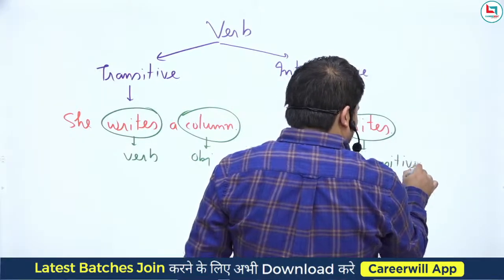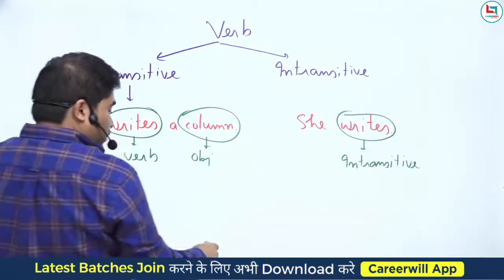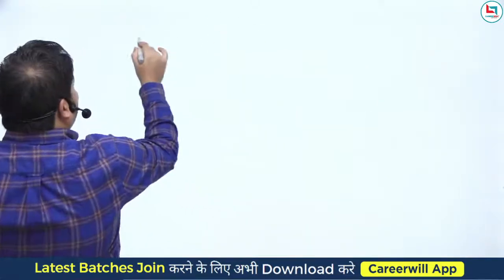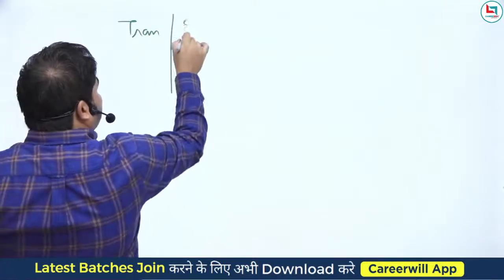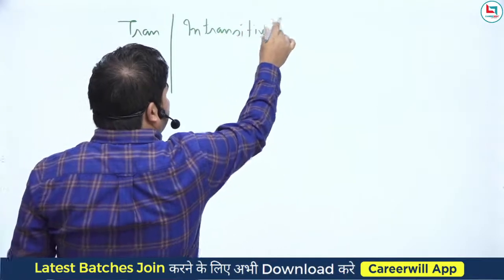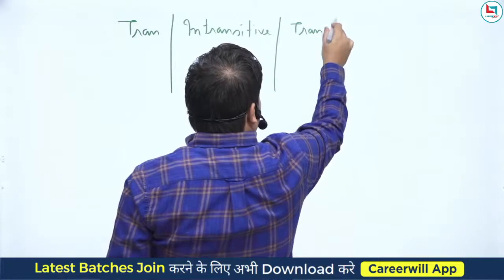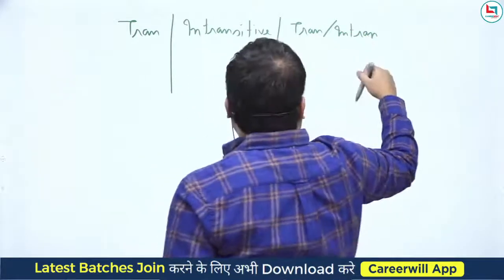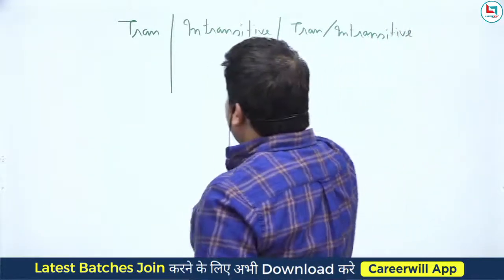So on this basis, we can classify verbs in three categories. There are certain verbs that are transitive, then intransitive, and then we have verbs which can be used in transitive as well as intransitive, both the manners, right? The example we have just written will fall in this third column.